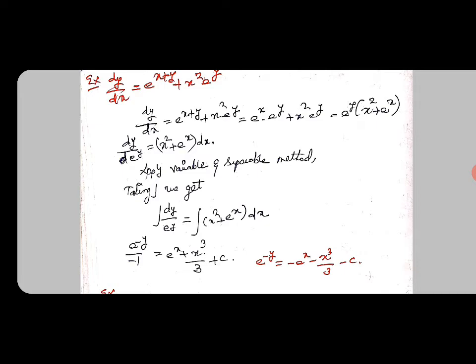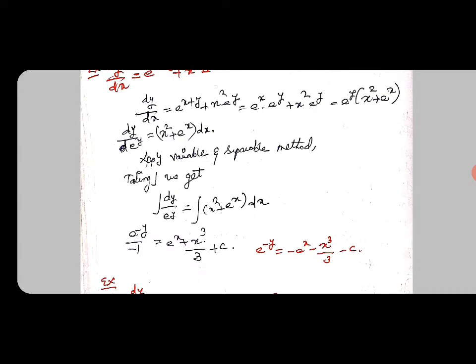Okay, then we bring the e power y to the left hand side by rearranging the denominator coefficients. dy by e power y is equal to x squared plus e power x into dx. Then we apply the variable separable method by taking integral on both sides. Integral of dy by e power y is equal to integral of x squared plus e power x into dx.